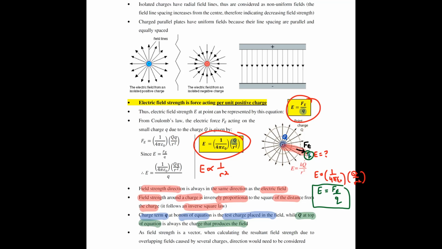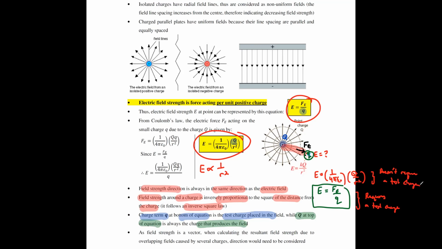You need to find the test charge you place inside the field and the electric force acting on it. If you take Fe over Q, that will be the field strength at that point. Okay, so that's how you would use these two equations. In summary, this one requires a test charge in order to find the field strength, but this one doesn't require a test charge.